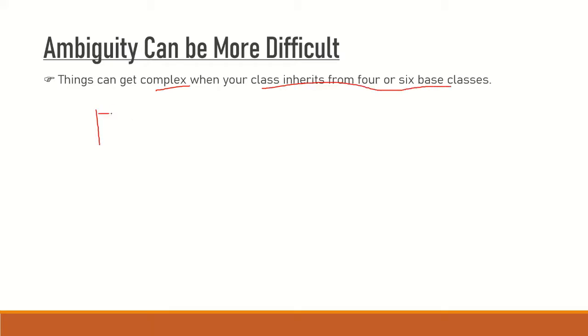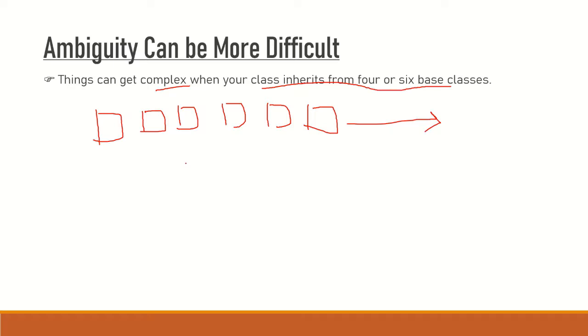Suppose these are the base classes we have: base class 1, base class 2, base class 3, base class 4, base class 5, and base class 6. It can be many, there is no limitation. And we are inheriting a single class from all of these classes.